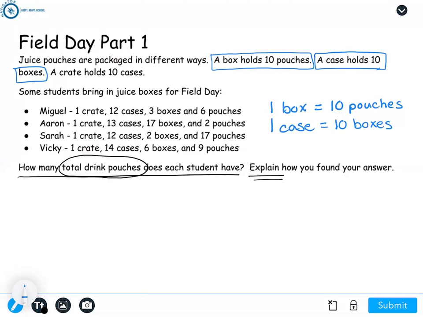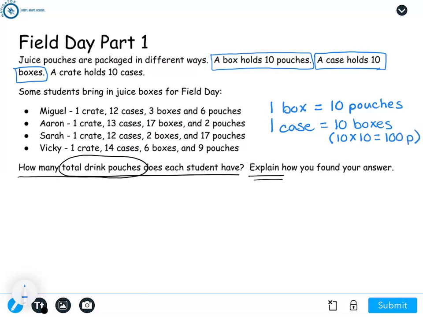So if we know that 1 case holds 10 boxes, how many pouches are in 1 case? Say it to your screen. Excellent. If 1 case holds 10 boxes and 1 box holds 10 pouches, that means that if we multiply 10 times 10, 1 case is equal to 100 pouches.